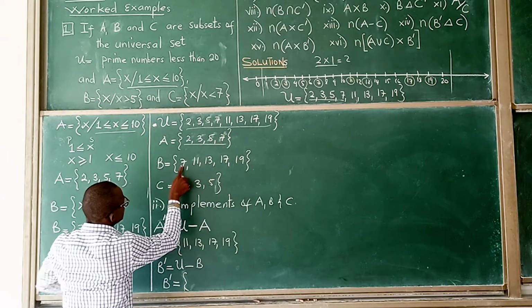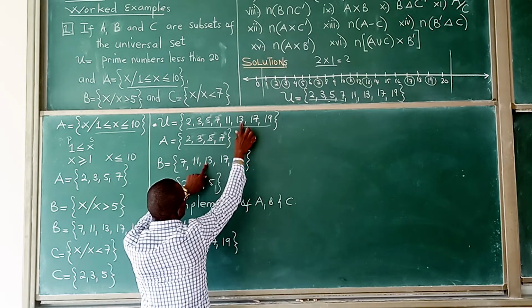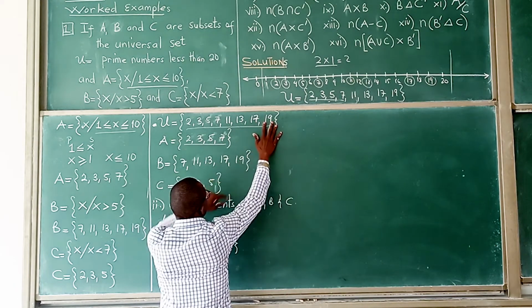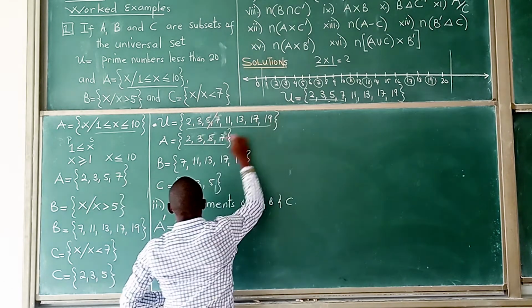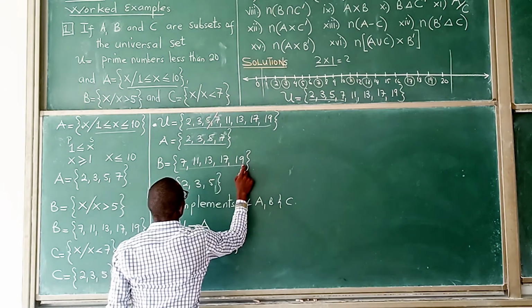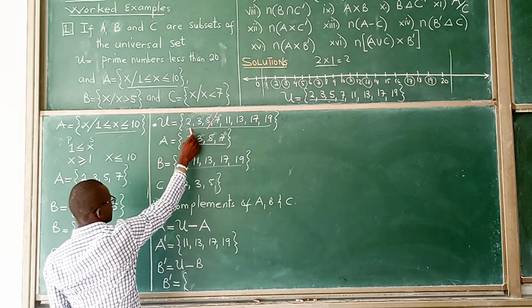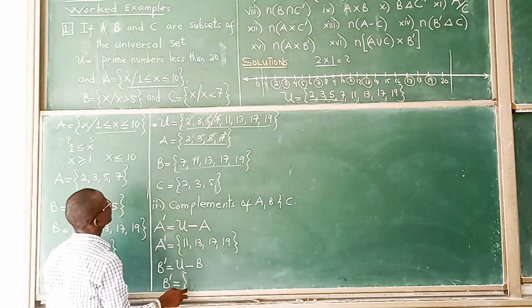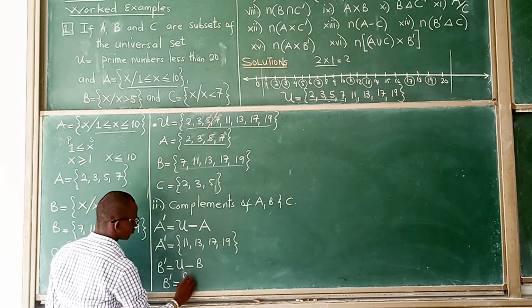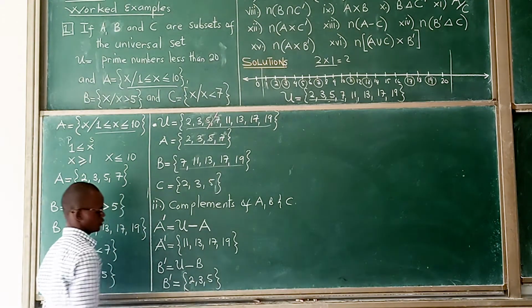So you have 7, 11, 13, 17, 19. All these elements are already part of set B. So the ones that are not part of set B but are within the universal set are what we call B prime, the complements of B. So we just have B prime to be 2, 3, and 5.